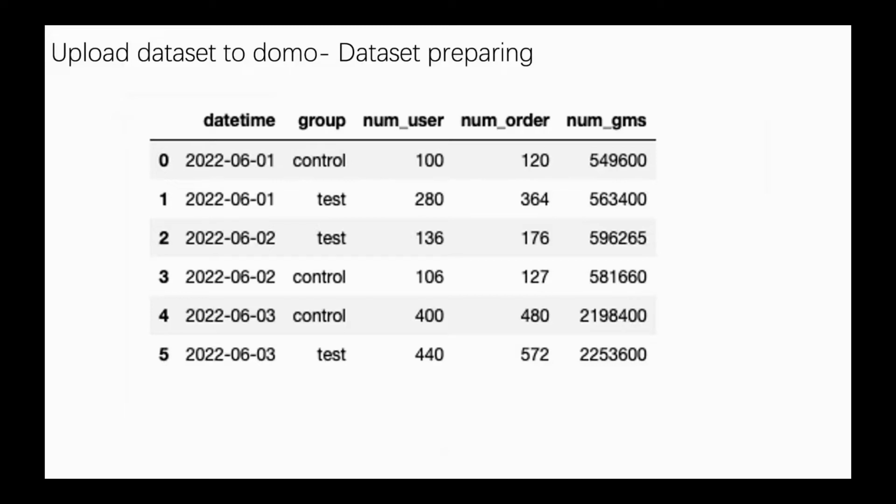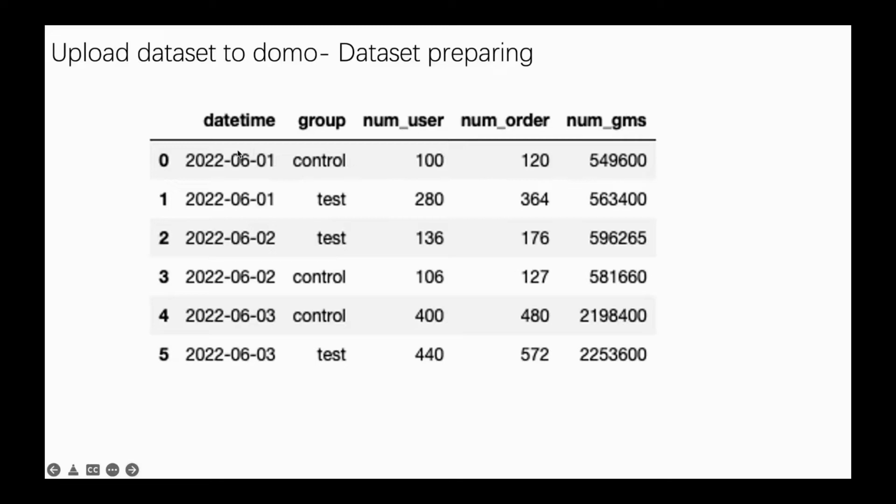We can connect Domo with Pydomo. Before we connect Domo, we should prepare a dataset. This is a dataset I have created. There are date, type, group, number user, number order, and number GMS columns.